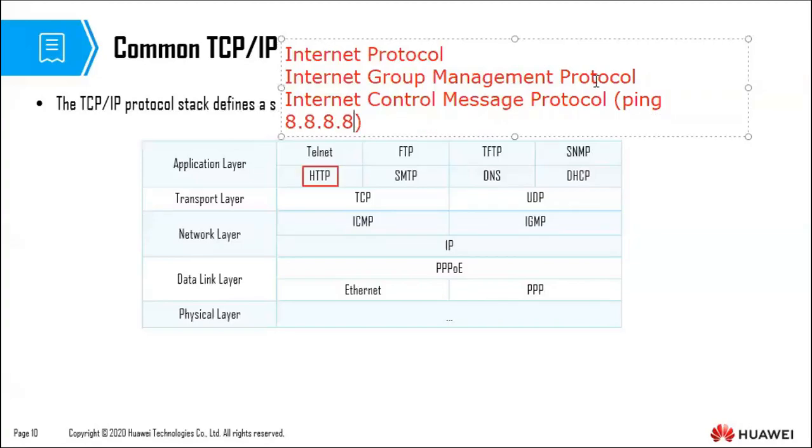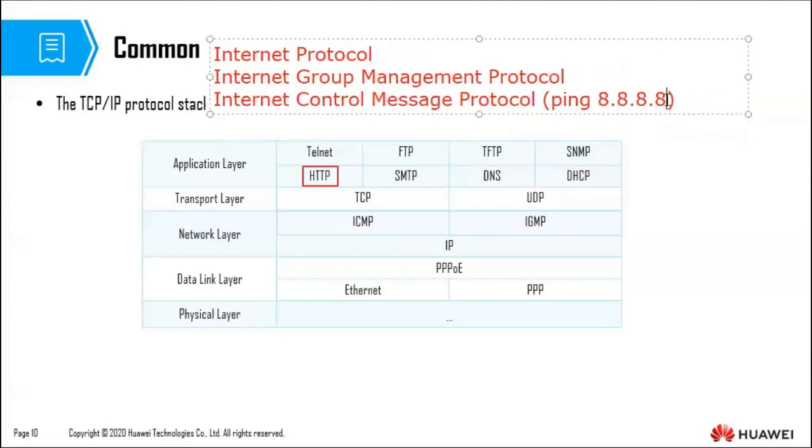For example, if I want to confirm that I'm connected to the internet, I ping the Google DNS servers at 8.8.8.8. I go to command prompt, I write ping 8.8.8.8. Then if I get replies from that server, I know that I'm connected to the internet.